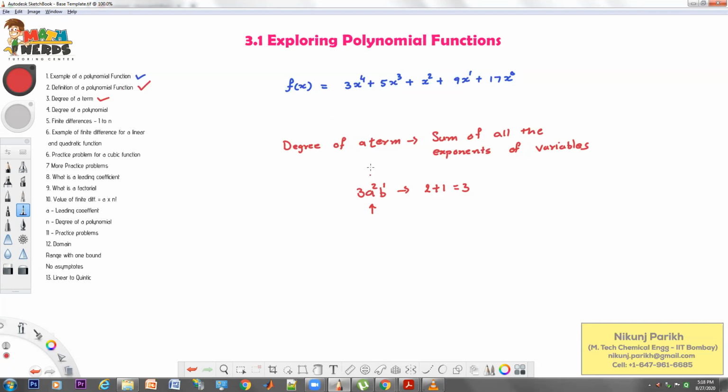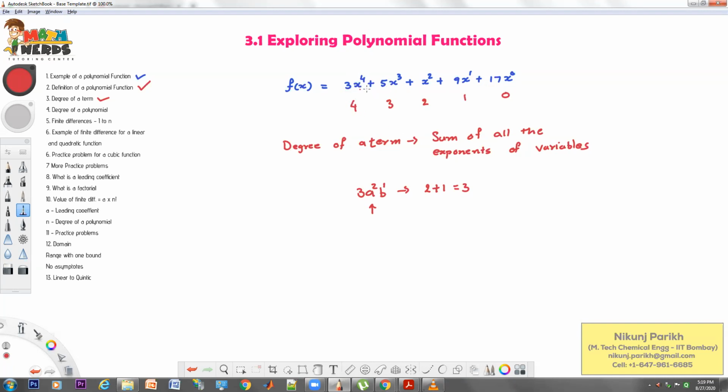Now, the polynomial is made up of multiple terms, right? For each term, there is a degree associated with that term. So the degree of this term is 4, degree of this term is 3, 2, 1, and 0.